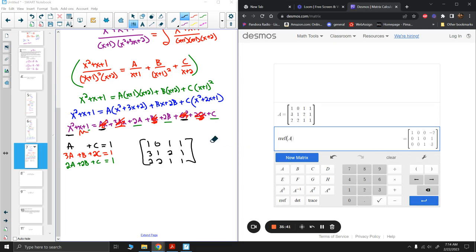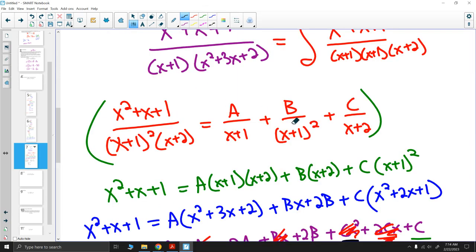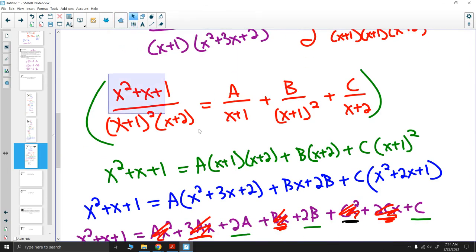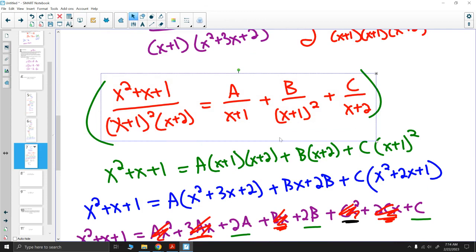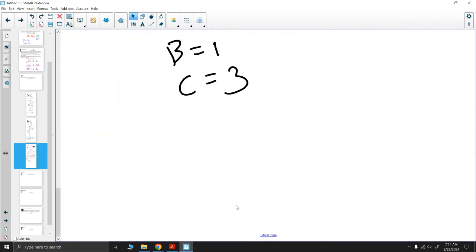You can also do this on a TI-84, just as a FYI. So this is just going to save us a lot of hassle. Okay, so we get A is equal to -2, B is equal to 1, C is equal to 3. Okay, so we can revisit this. I'm going to just copy it down here so I have it.